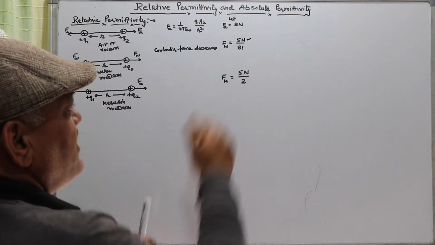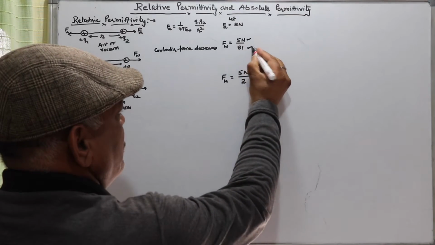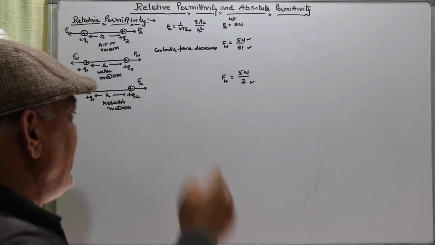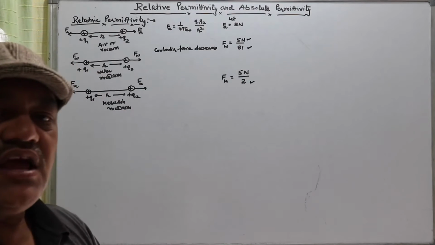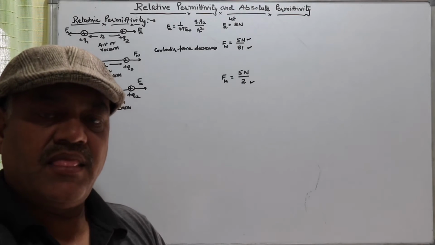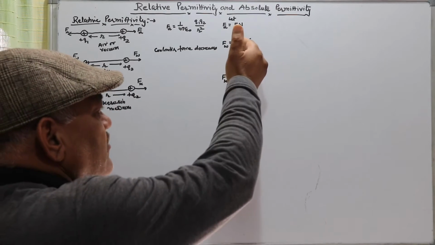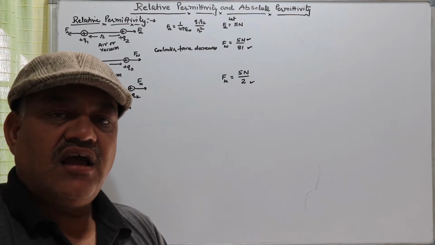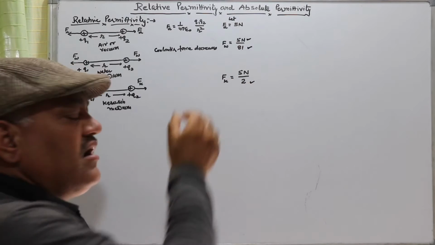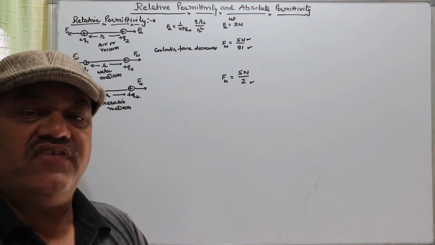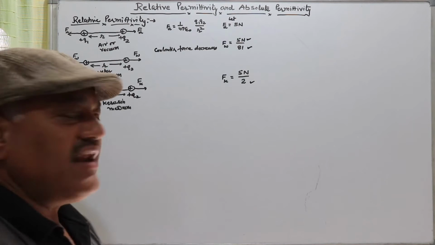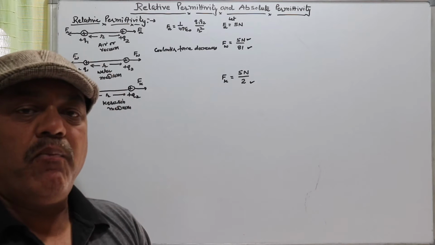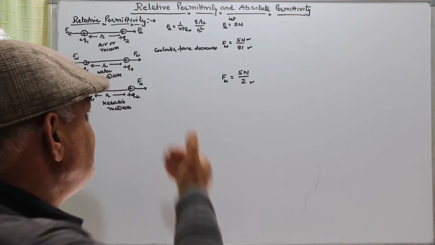यहां पे हमारे पास दो नंबर आ रहे हैं, एक 81 एंड 2. 81 for the water and 2 for the kerosene, and both these numbers are due to the inherent behavior of water and kerosene, or we can say due to the property of the water and kerosene.